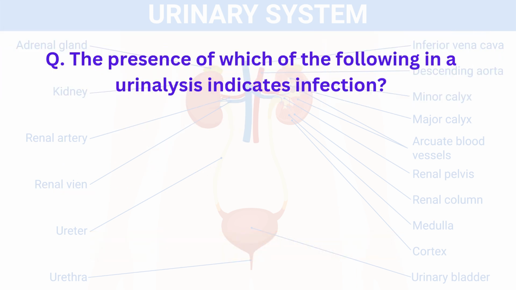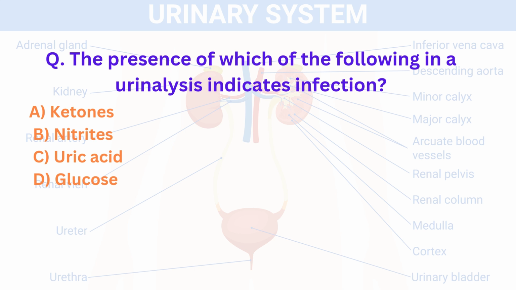Next question is, the presence of which of the following in a urine analysis indicates infection? Options are ketones, nitrates, uric acid, glucose. Ketones in urine are typically seen in uncontrolled diabetes, not a sign of infection.